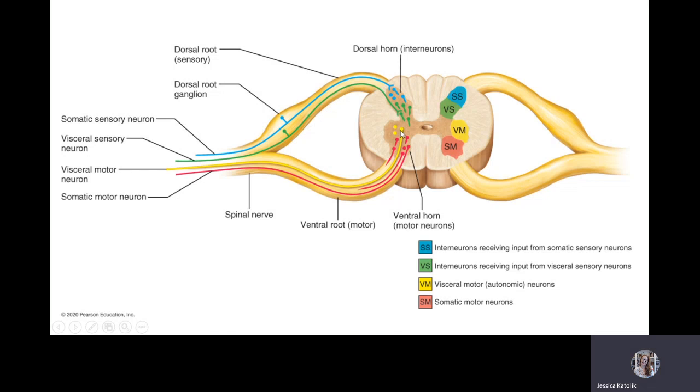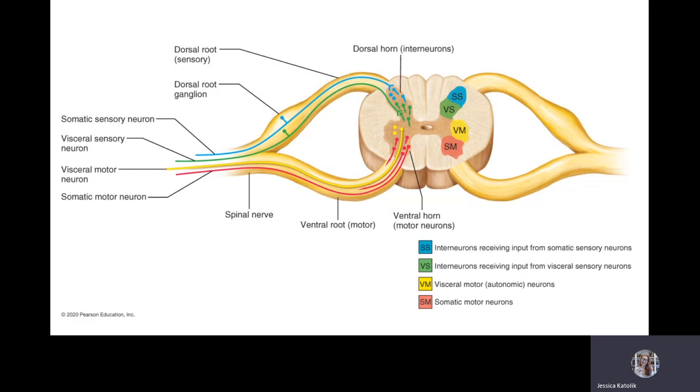These interneurons will synapse with motor neurons, or these sensory neurons will directly synapse with motor neurons. And the motor neurons are going to arise either in the lateral horn or the ventral or anterior horn. The lateral horn is going to give rise to the visceral motor neurons, and this is where the cell bodies of the motor neurons are going to be located.